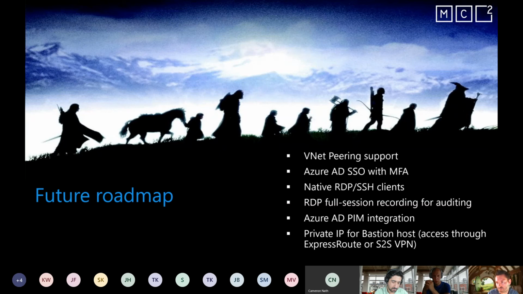So the roadmap for Azure Bastion: a much requested feature is VNet peering, so you don't have to deploy Azure Bastion in each VNet. Also, Azure AD SSO with MFA support should be or will be supported.